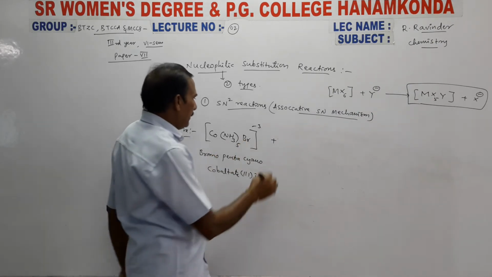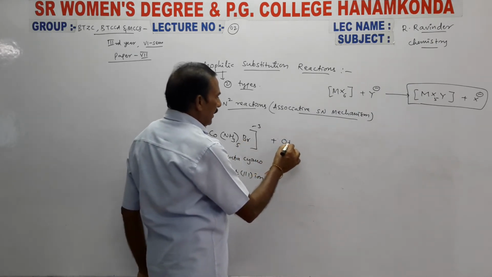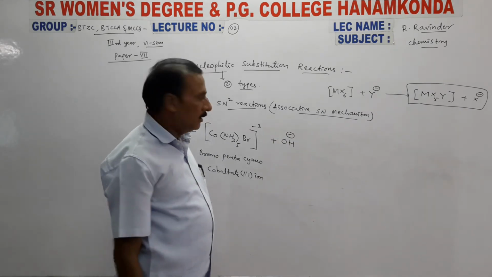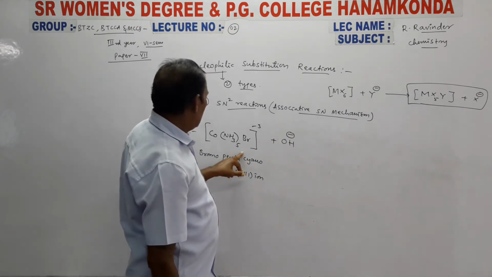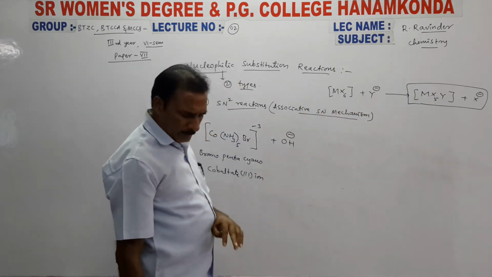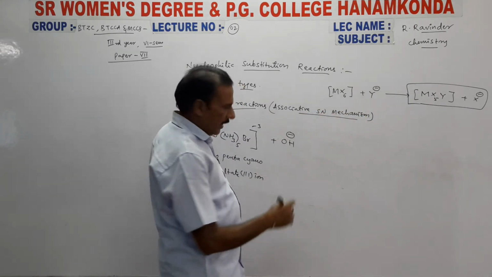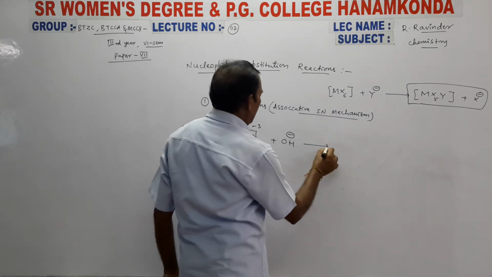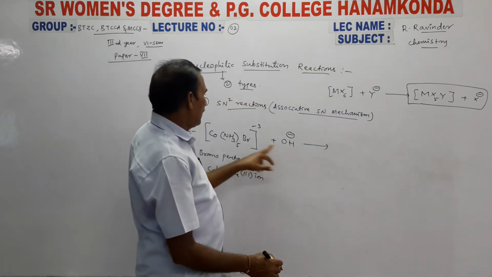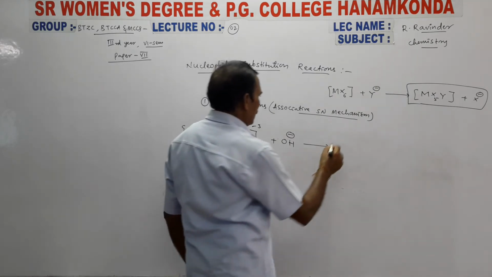Instead of Br, there is addition of OH minus to this complex, like Y minus, to form the final product. Bromine is eliminated and instead of bromine the OH minus is attacked.